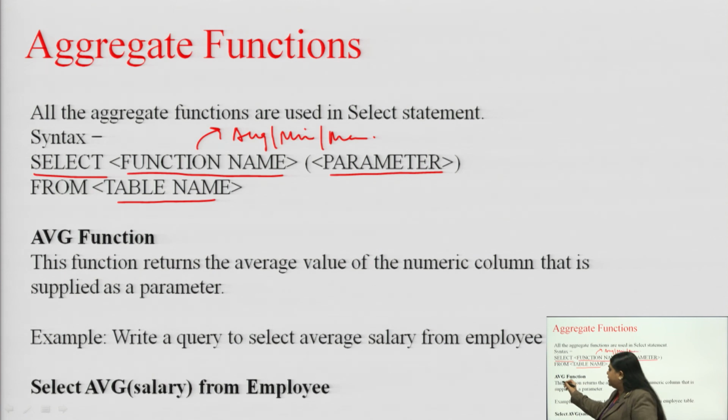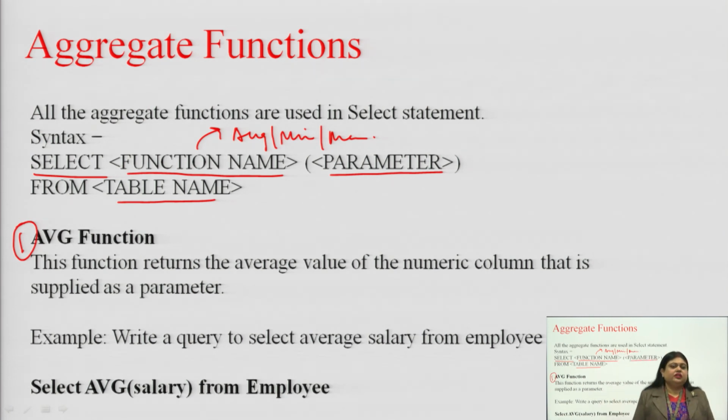So, the first aggregate function that we have is the average function, right. Now, how does it work? We have seen how max is working. Similarly, average also works. Over here you can see that this function returns the average value of the named column that is supplied as a parameter. So, if over here we are having the salary, similarly we can have the marks, the result, and so on, right.